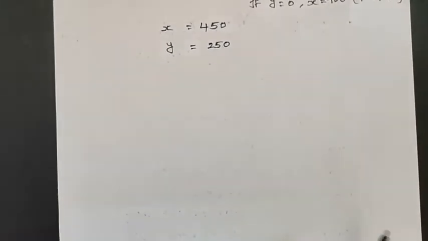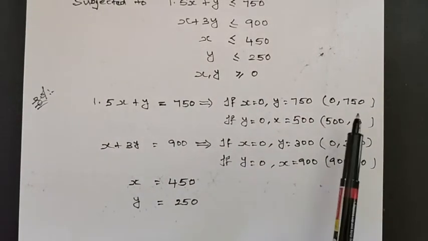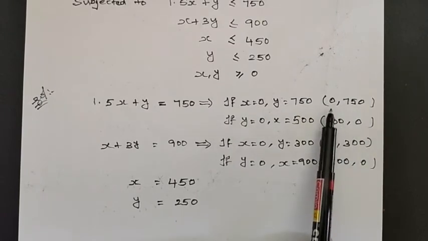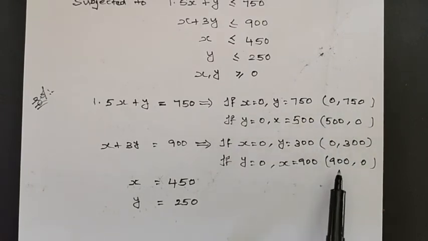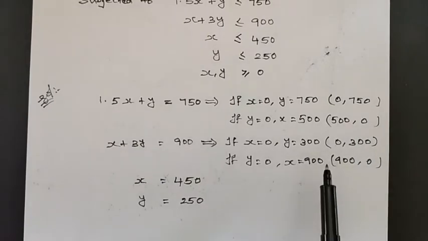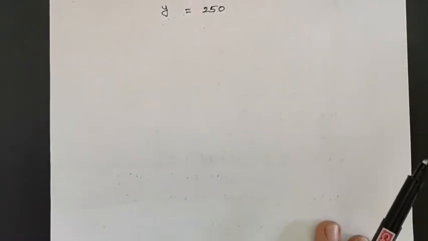If you observe the vertices, the maximum value of x is 900 and the maximum value of y is 750. So now let us see the graph part of the problem. Right, now I am going to draw the graph.